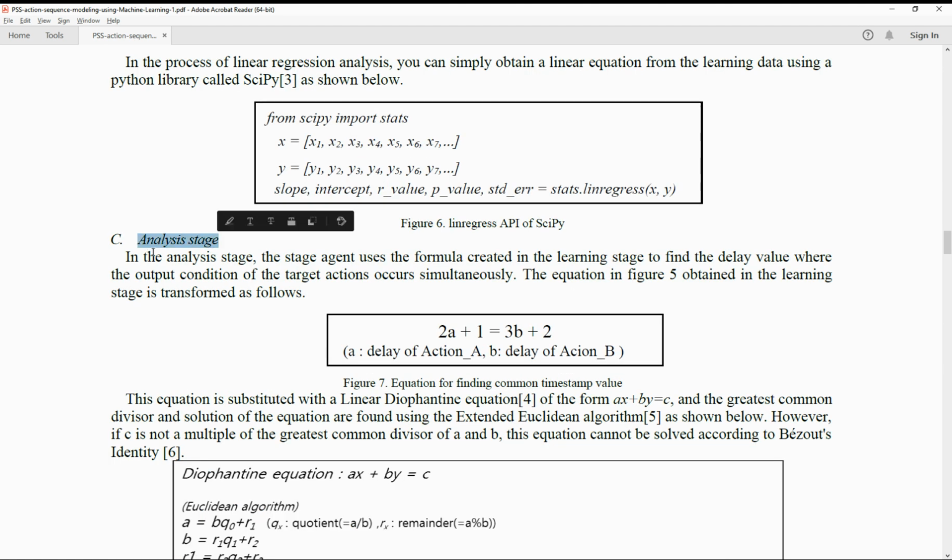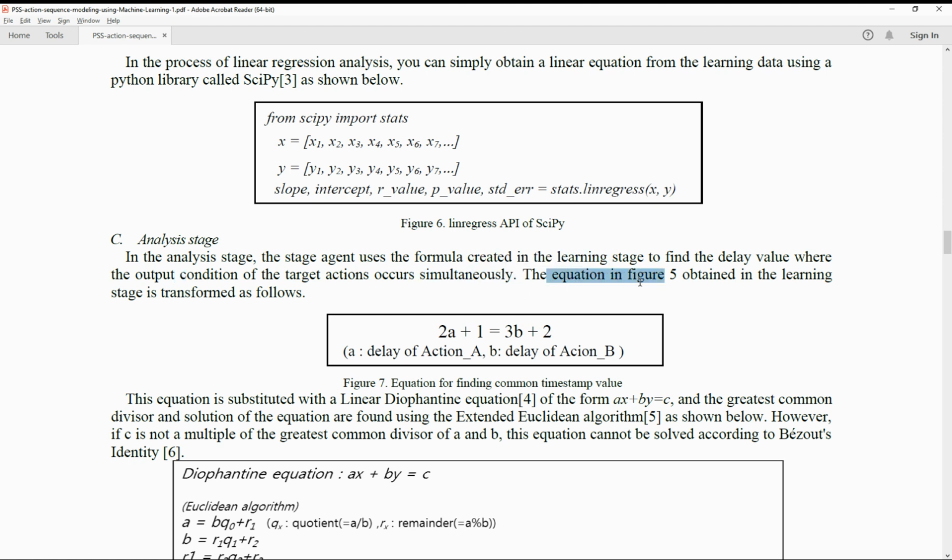Analysis stage. In the analysis stage, the stage agent uses the formula created in the learning stage to find the delay value where the output condition of the target actions occurs simultaneously.